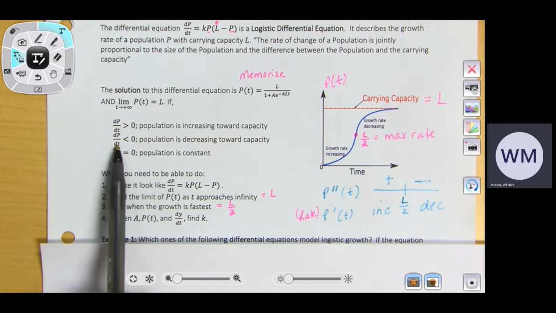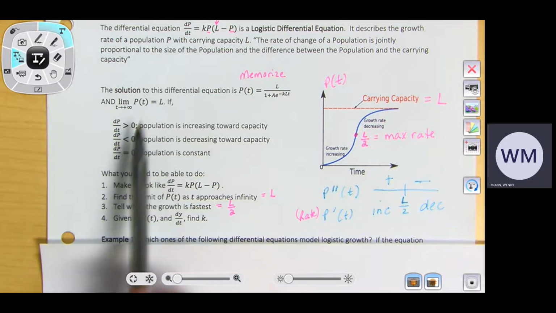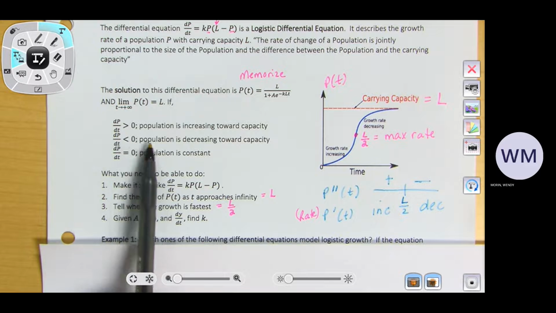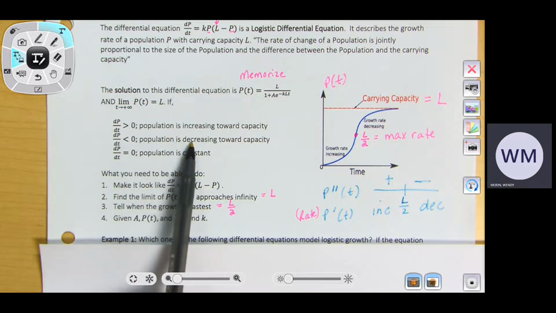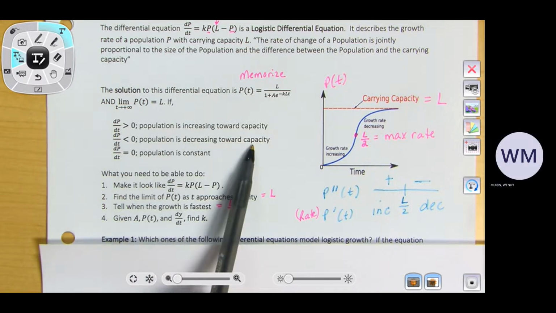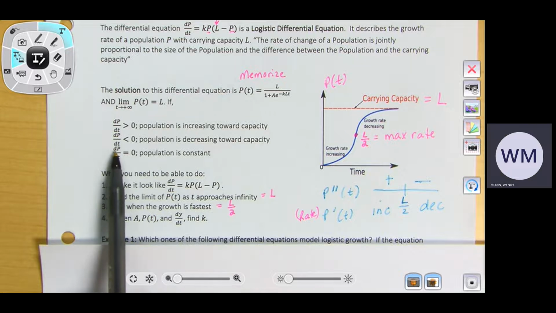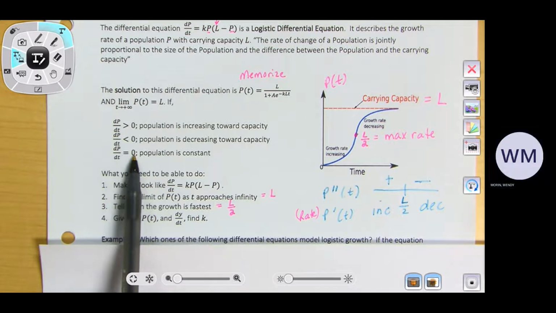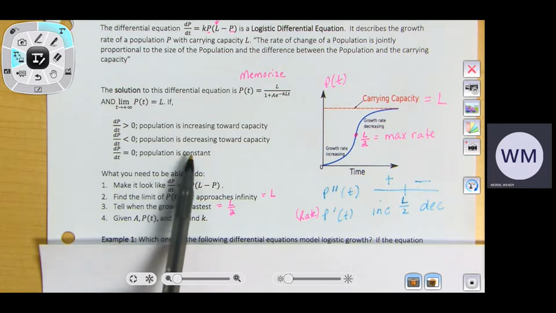If your dP/dt, that's the derivative of population, is negative, then the population is decreasing toward capacity. And obviously, if your derivative is equal to 0, that's when your population is not changing, and it's a constant.